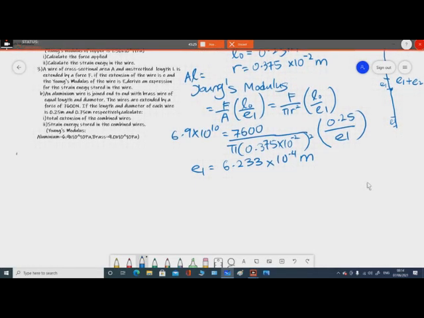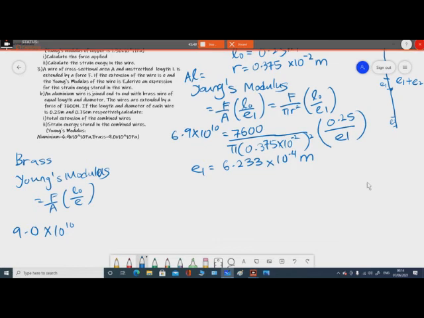As for the brass, same formula. Young modulus is equal to F L naught over A E, and the Young modulus for brass is 9.0 times 10 to the power of 10.